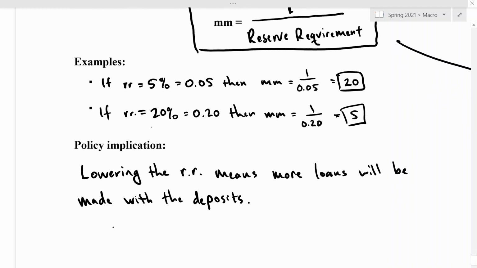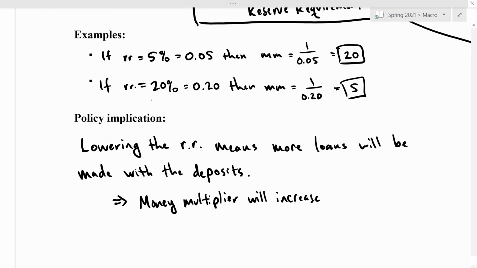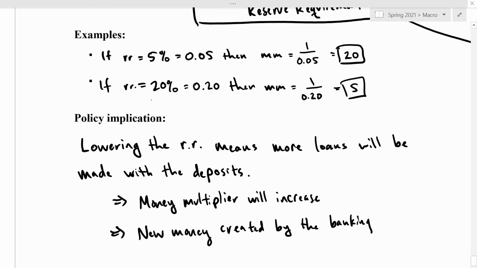And so if more loans are made, the money multiplier will increase, and the new money created by the banking system will increase.